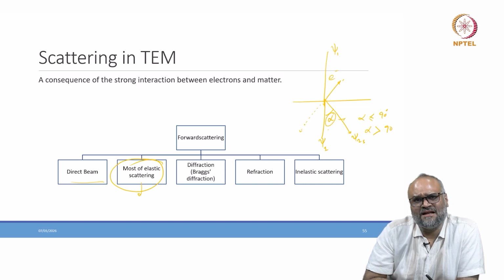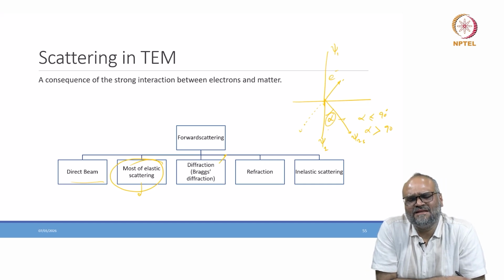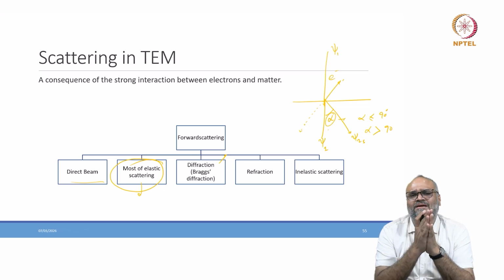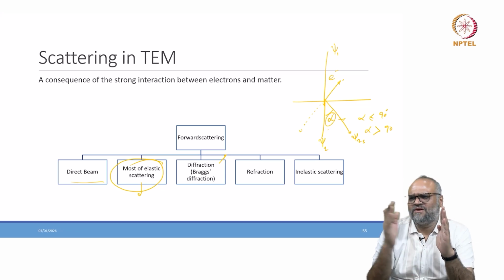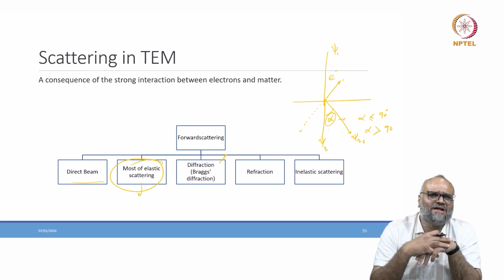In a transmission electron microscope, you have Bragg's diffraction. The diffraction signal is at the back focal plane of an objective lens, and you use the information from the back focal plane as an object plane for the projection lenses, and you collect the diffraction pattern. We will look at diffraction in more detail at a later stage.